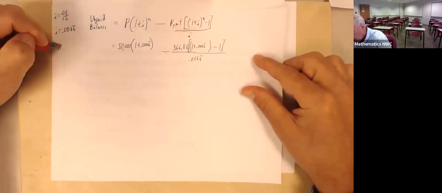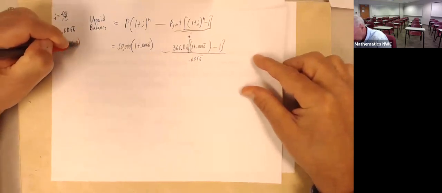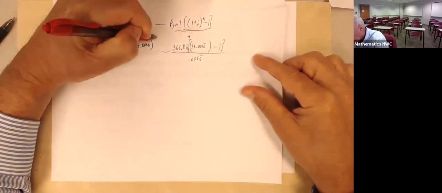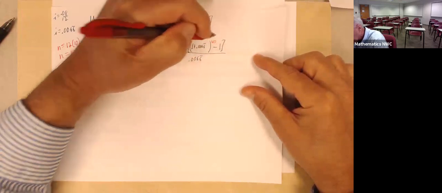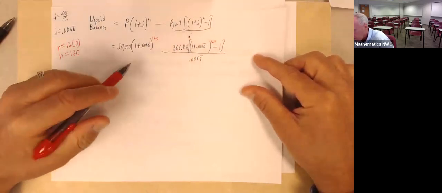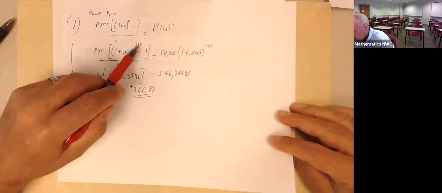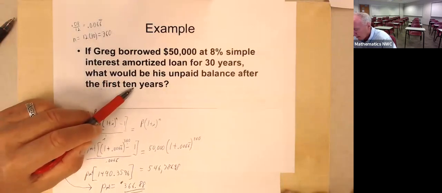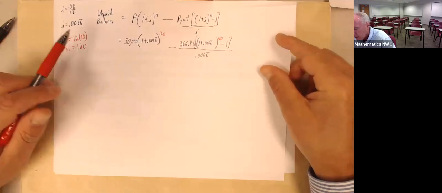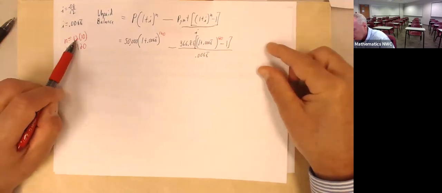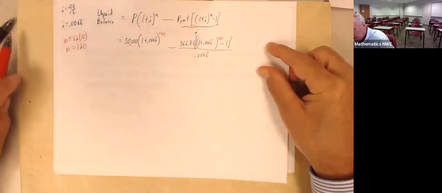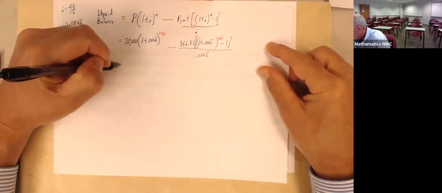Well, the N would have been 12 times a year times 10, so N is 120. Very, very important difference. Remember, when we calculated our payment, the N was 360 for 30 years. We're looking for the unpaid balance after 10 years, which is 12 months a year times 10. You need then to calculate each of these.